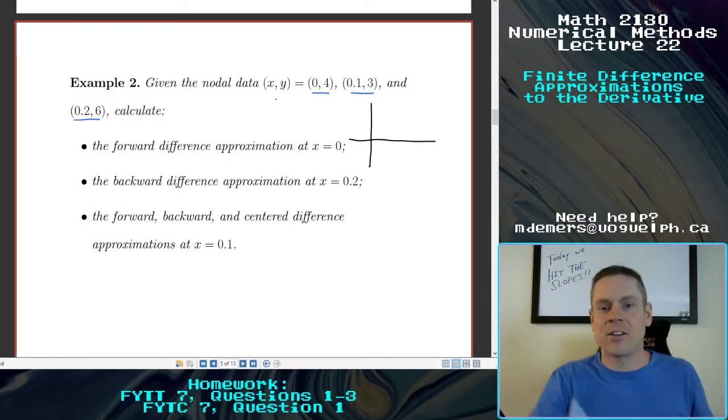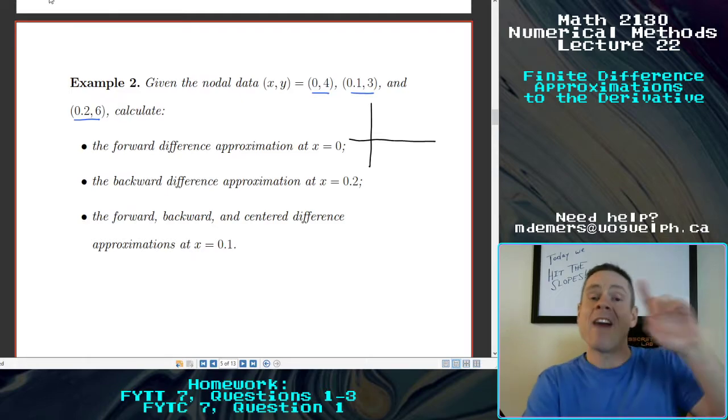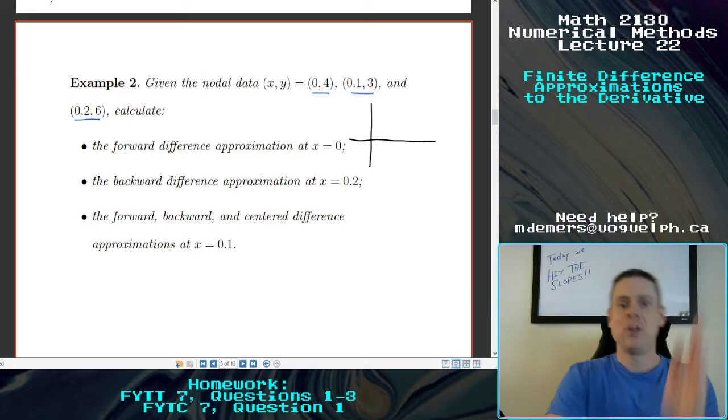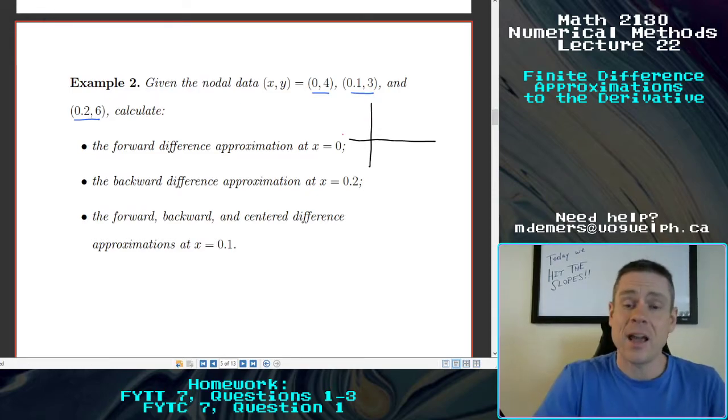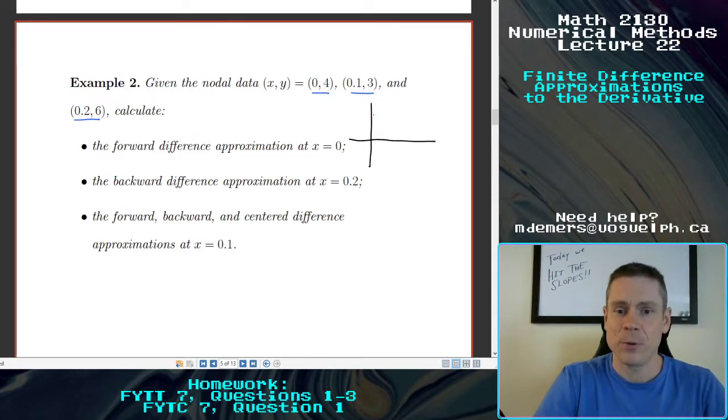It could be anything. It doesn't really matter. But I have measurements taken at x equals 0, x equals 0.1, and x equals 0.2. So the only data I really have are this, 0 and 4, something up here, 0.1 and 3. So if this is 0.1, I've come down a quarter of the way, and 0.2 and 6. So I've gone up 4, 5, 6, right about there.